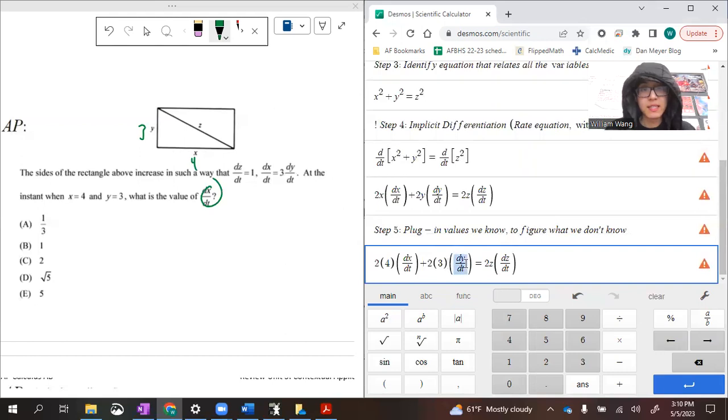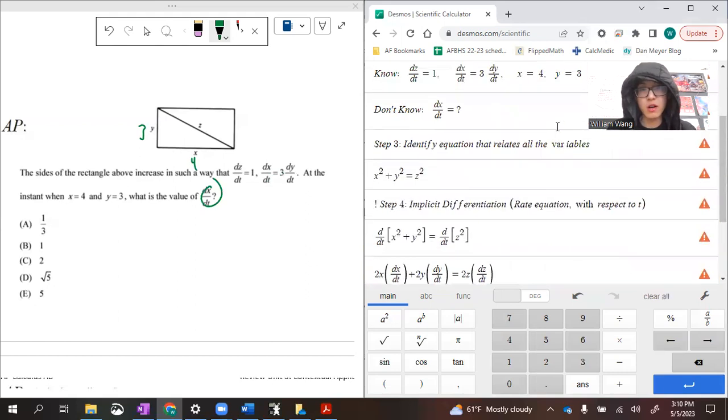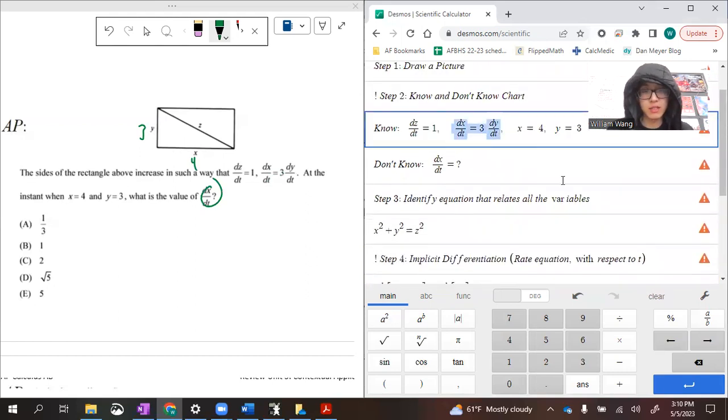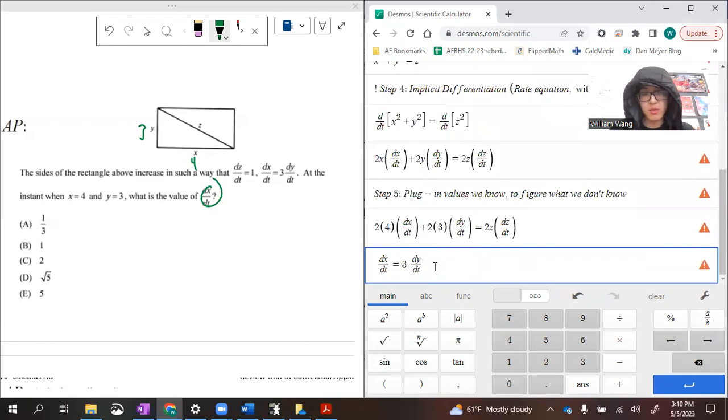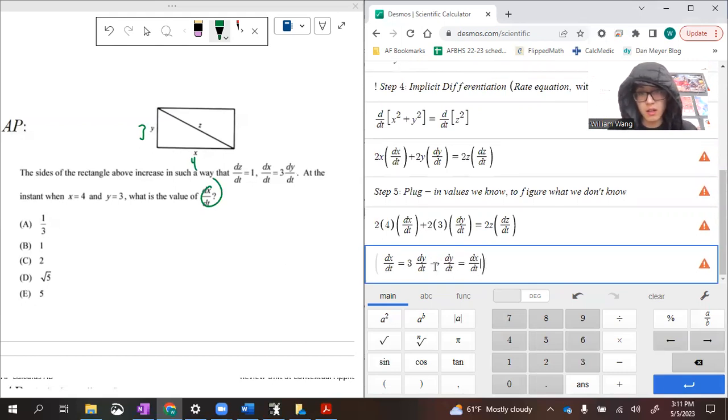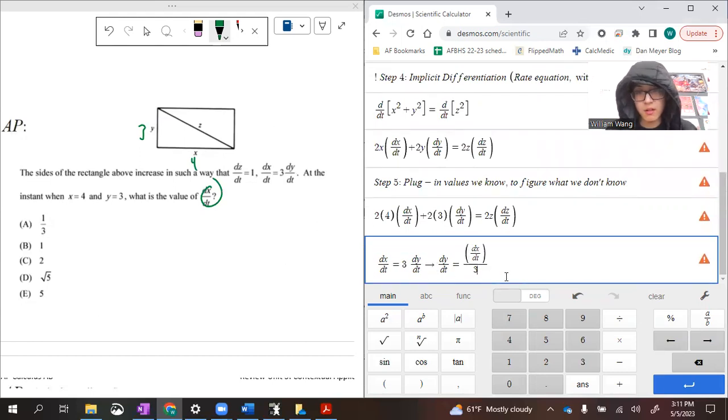dy over dt, I actually don't know what that is necessarily, but I know dx over dt is equal to 3 dy over dt, right? So this was from my chart. Dx over dt is equal to 3 dy over dt. So in a way, I actually do know what dy over dt is. Dy over dt is equal to dx over dt divided by 3.